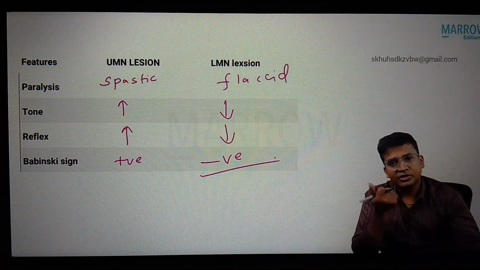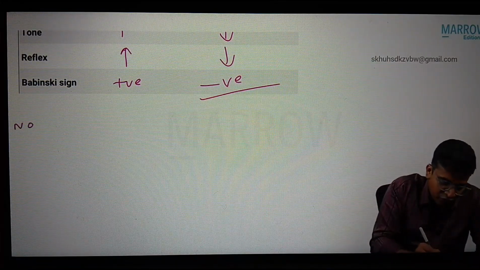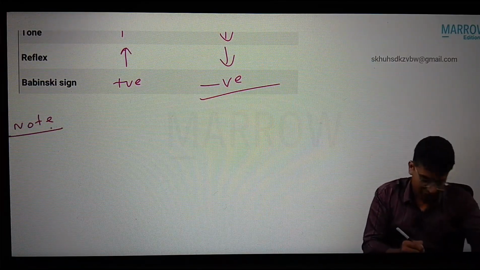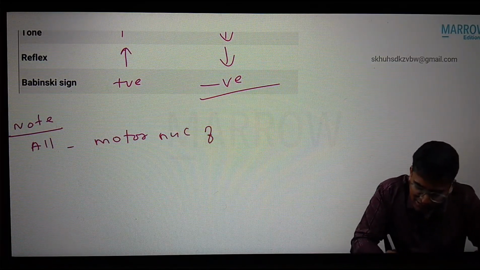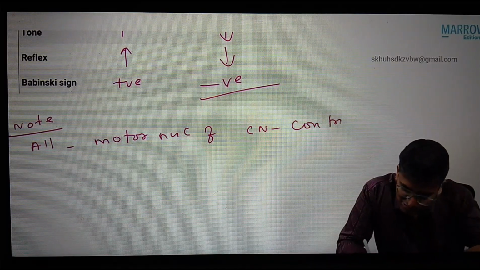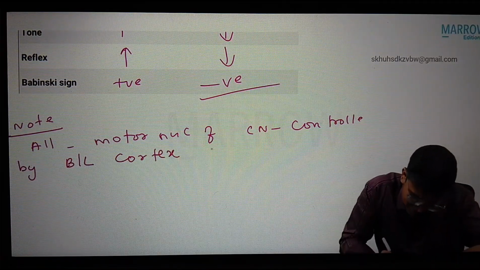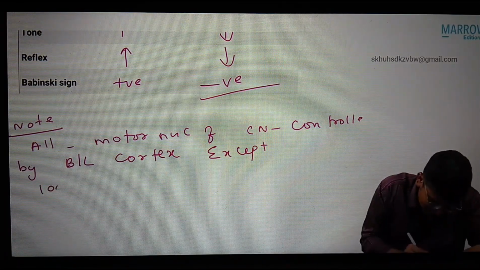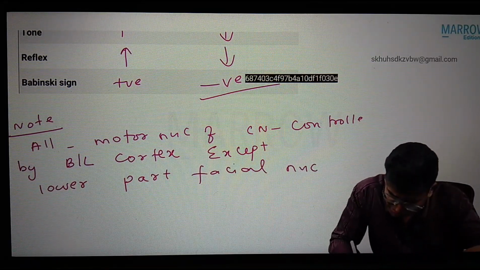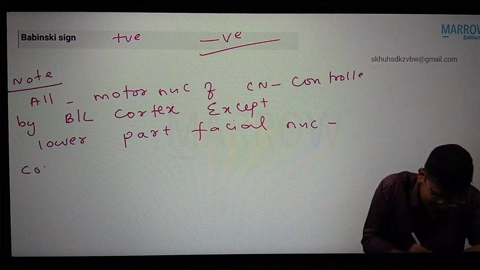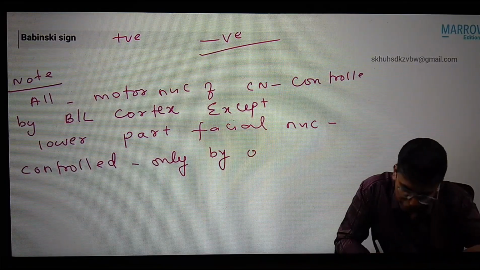So next, we're going to write one important point and we're going to draw one diagram for that. Note: all the motor nuclei of cranial nerves are controlled by bilateral cortex, except the lower part of the facial nucleus, which is controlled only by the opposite cortex.